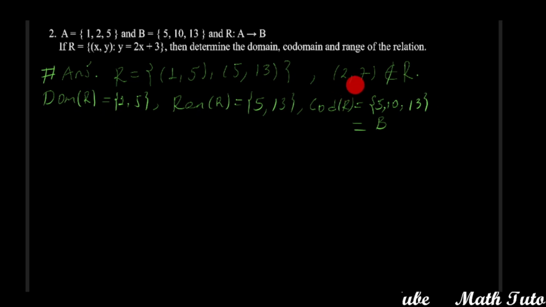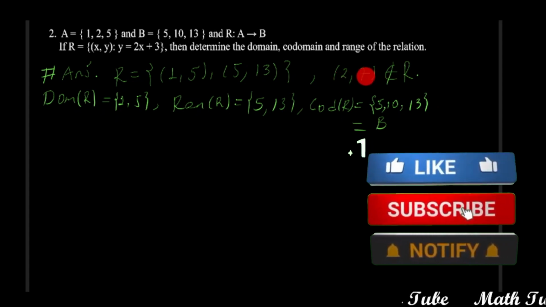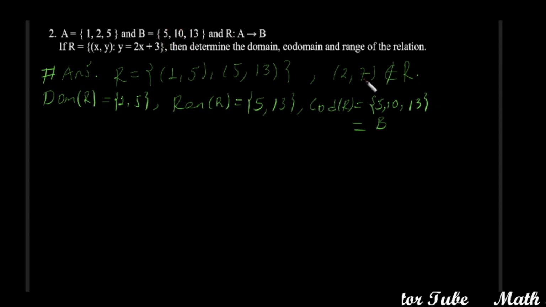Okay. (2, 7) is not an element of the relation because when we insert 2 we get 7, but 7 is not an element of B. An ordered pair is an element of R if the first entry is an element of A and the second entry is an element of B, but 7 is not an element of B. So the ordered pair (2, 7) is not an element of the relation.